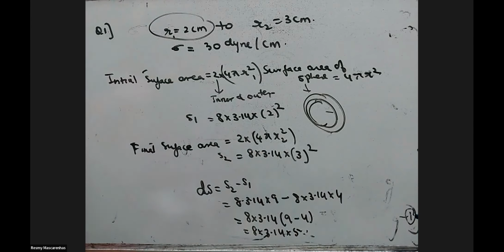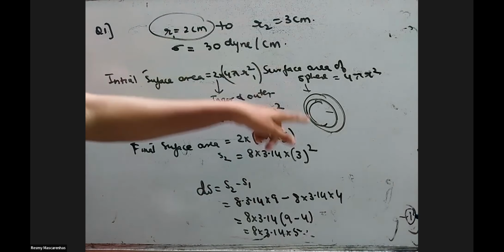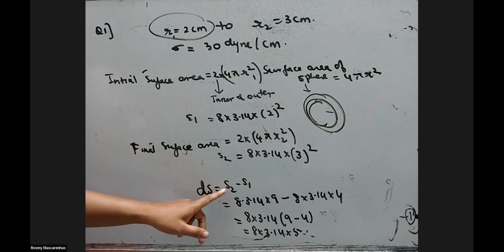What I've done, I've calculated the initial area with radius 2, calculated the final area with radius 3. Now I have to see how much the surface area has changed. S2 minus S1.